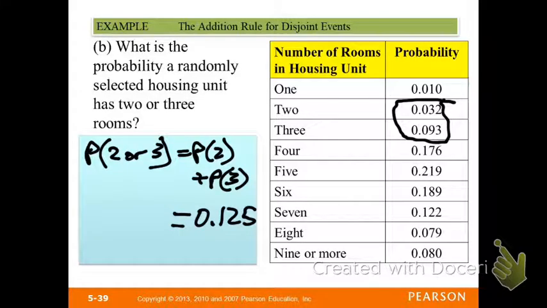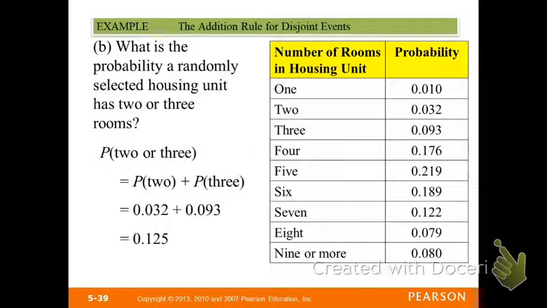So the probability that a housing unit has 2 or 3 rooms is equal to the sum of those two probabilities.